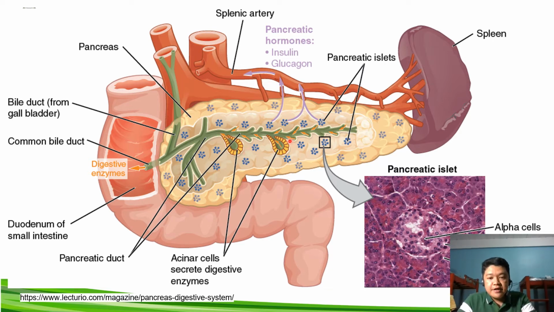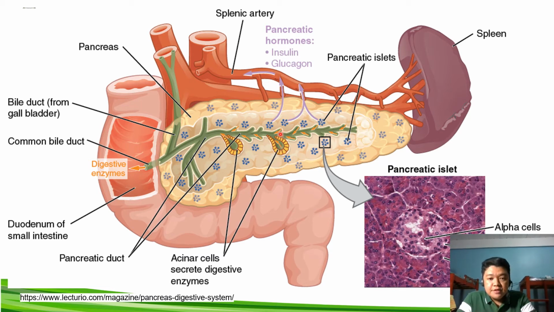So these are the different acinar cells, and you can notice here that these acinar cells are responsible for the secretion of the different digestive enzymes. There are many digestive enzymes such as trypsin, chymotrypsin, amylase, lipase, but there are many more digestive enzymes that are produced by the pancreas.